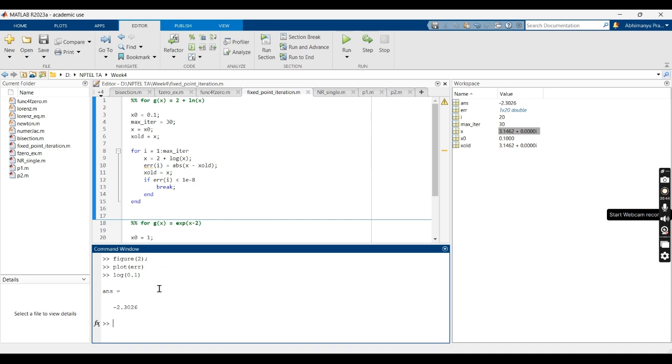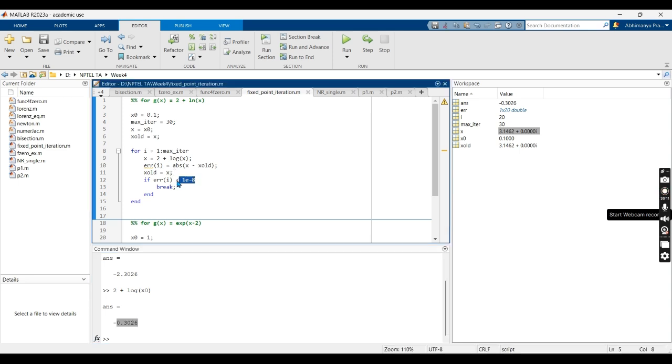So if I evaluate this function for x0, I will be getting 2 plus log of x0. This is a negative value, right? So for the first iteration, it is fine. My new x value is a negative value. My error could still be some positive number. I'm storing my x old in x. So this error is still greater than 10 to the power minus 8, so the loop will run, right?